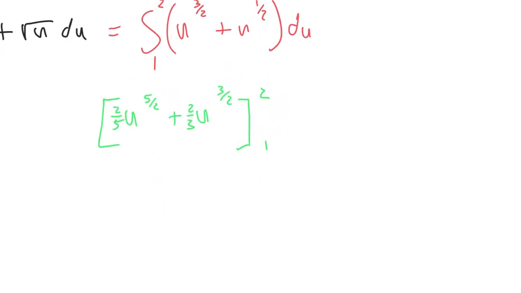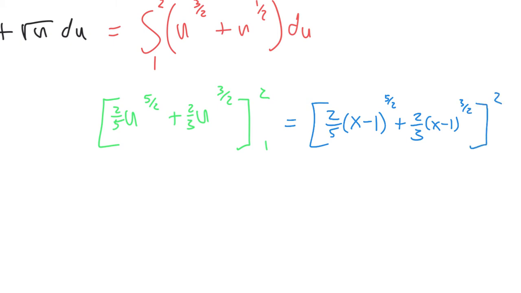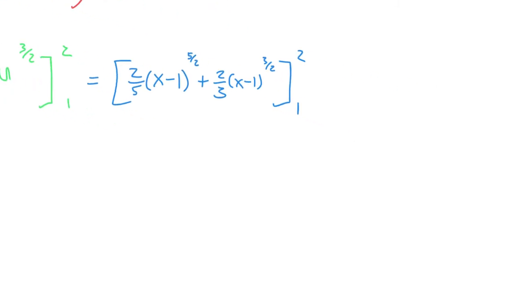So that would become 2/5 x minus 1 raised to the 5/2 plus 2/3 x minus 1 raised to the 3/2, like that. At that point, I think we're ready to go ahead and substitute.